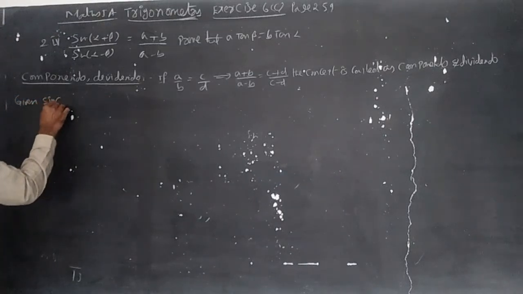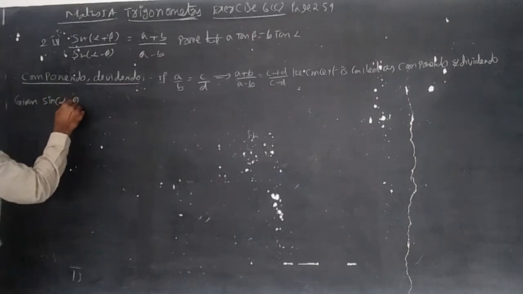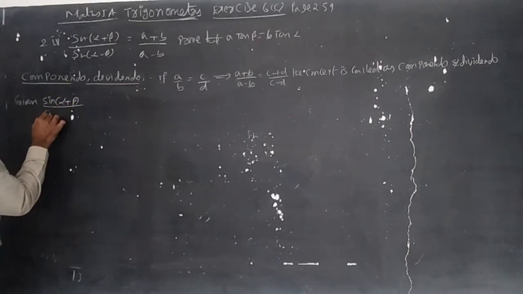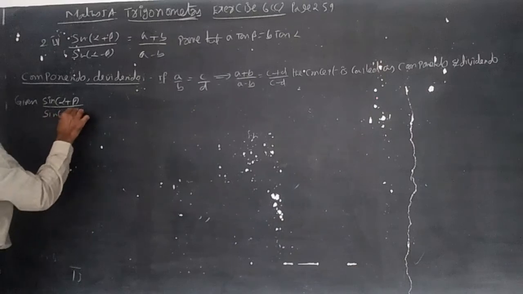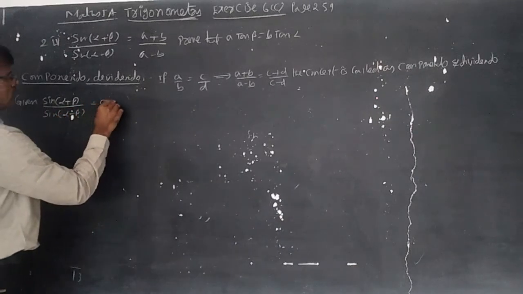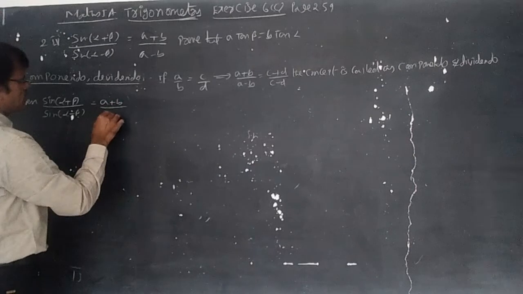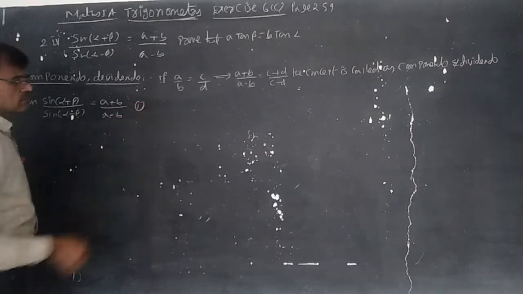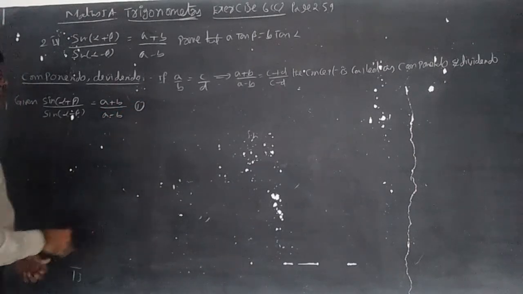Given sin of alpha plus beta by sin of alpha minus beta is equal to a plus b by a minus b. This is the given condition.